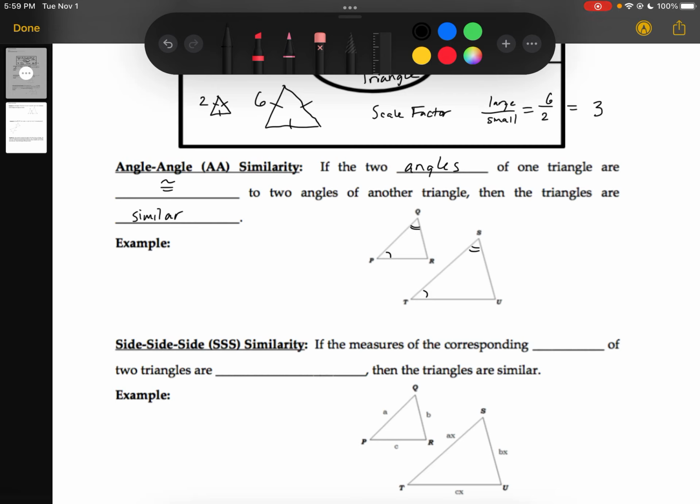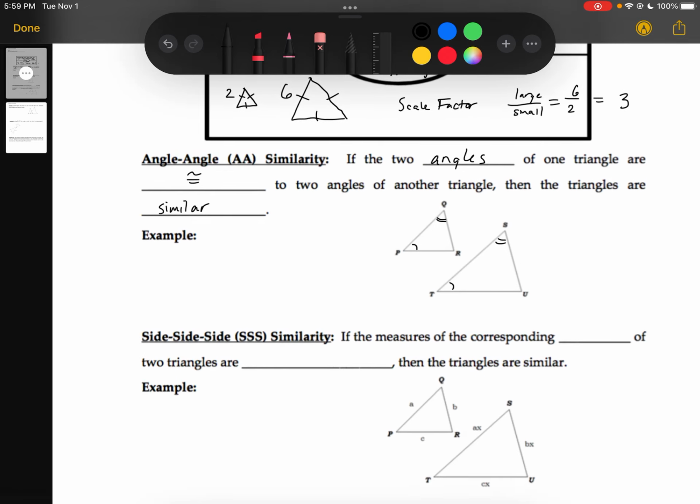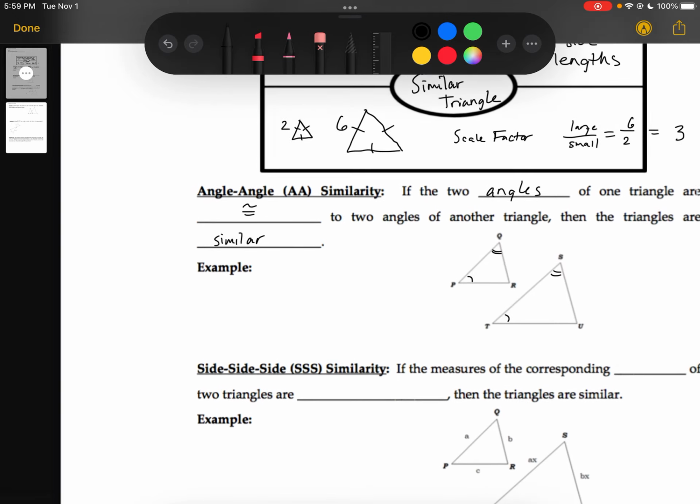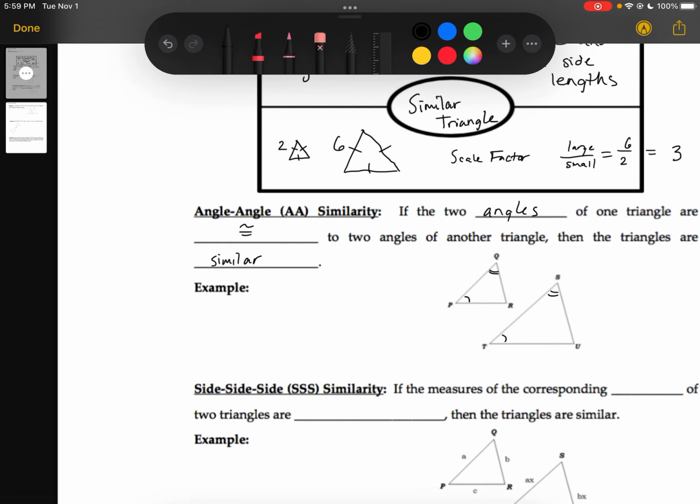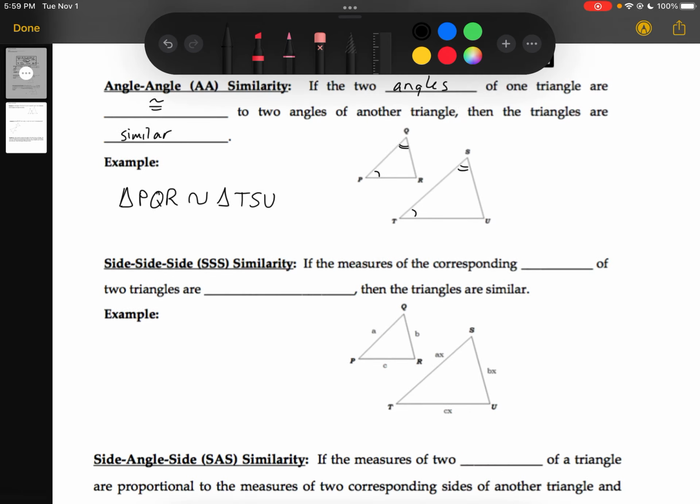We don't need the third angle, because we know the third angle would have to be the same since triangles add up to 180, but if we can prove that two angles are the same, that's all we need. Then we know for certain that they are in fact similar triangles. So writing our similarity statement, P to Q to R, we use our similar symbol, and then we can go from T to S to U.